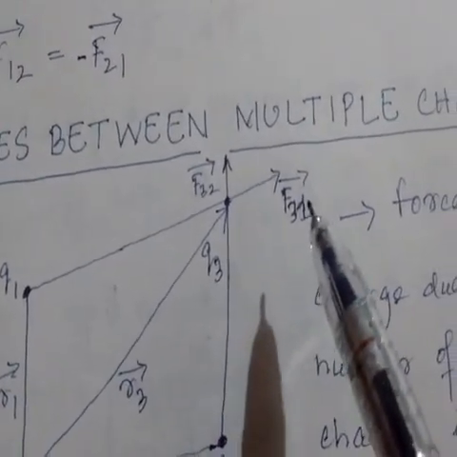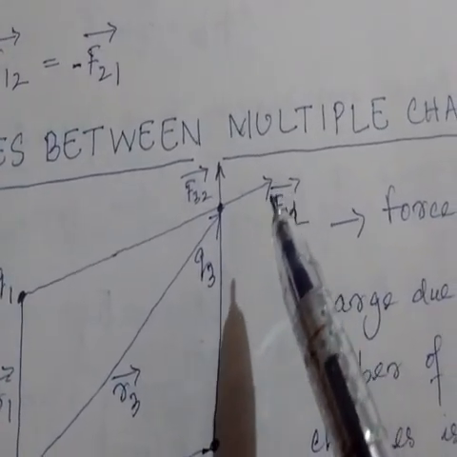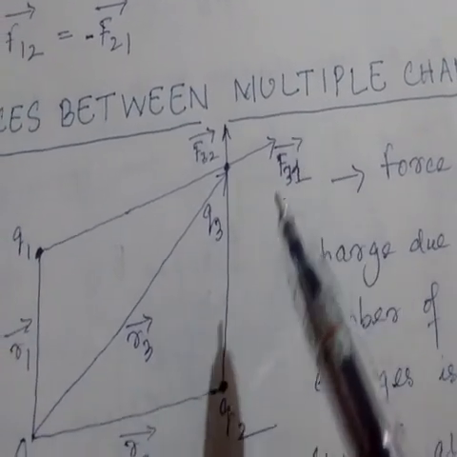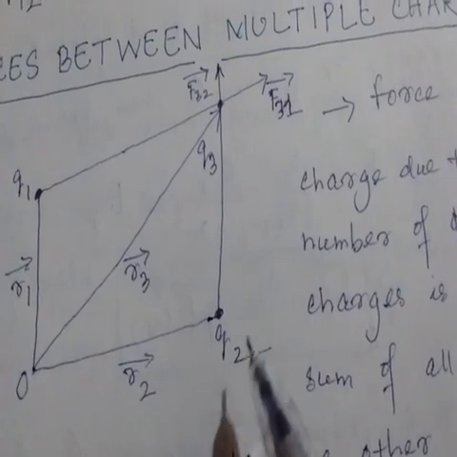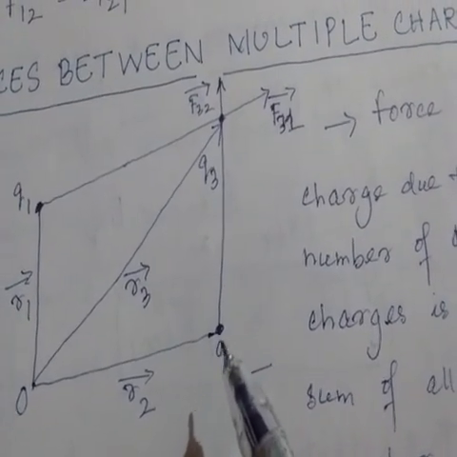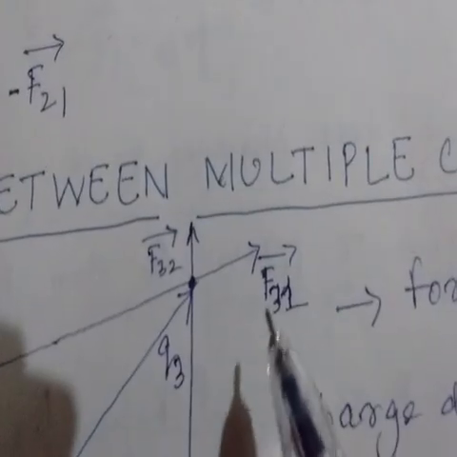I want to say that this F31 is independent of any factor or any effect arising from Q2. That means Q2 cannot change or alter the value of F31.